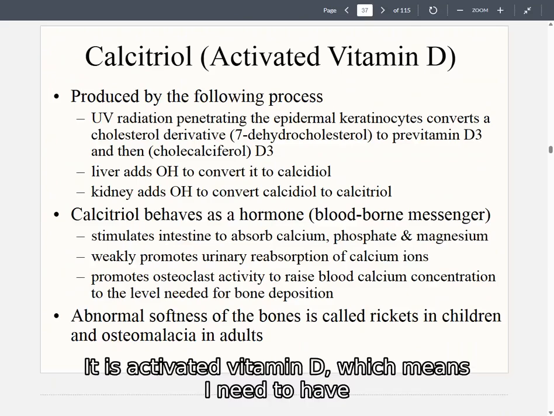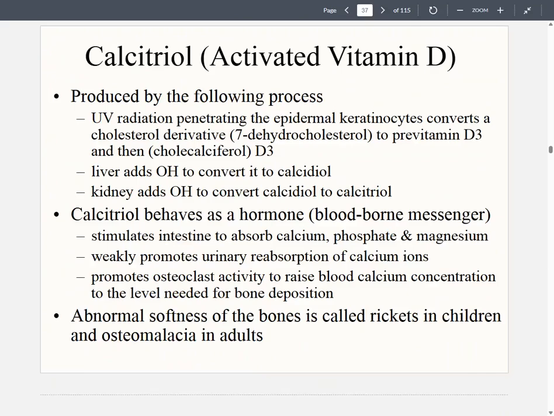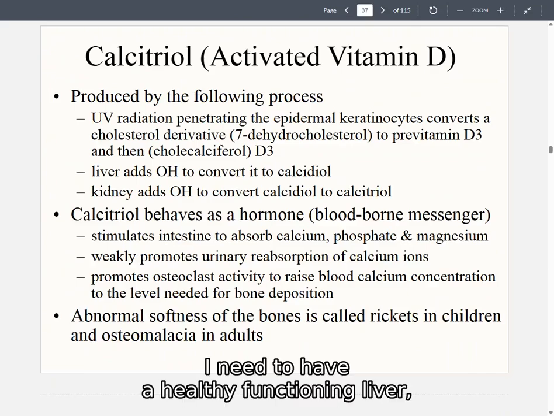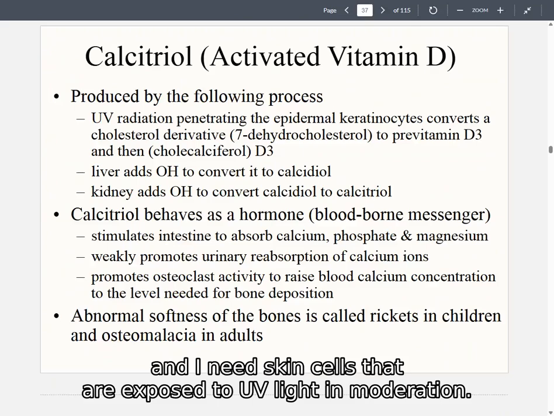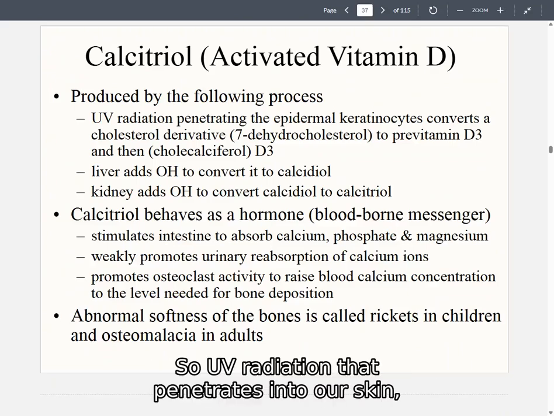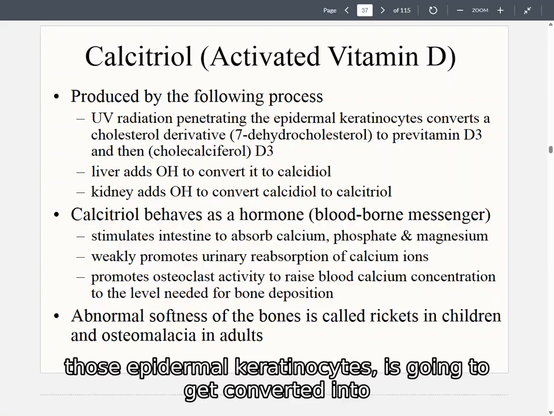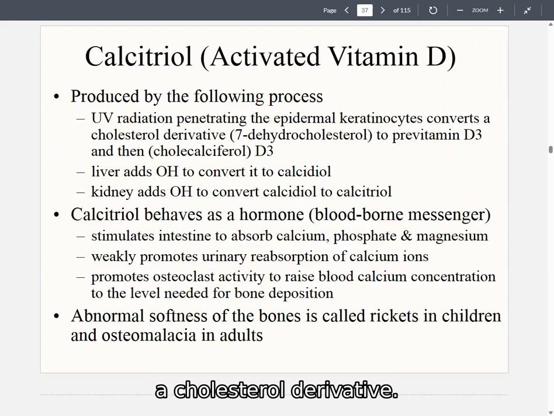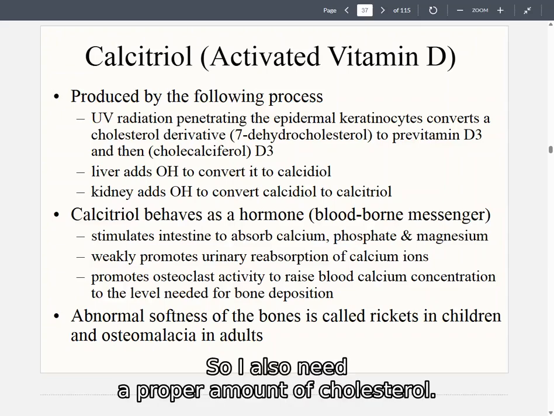It is activated vitamin D, which means I need to have a healthy functioning kidney, I need to have a healthy functioning liver, and I need skin cells that are exposed to UV light in moderation. So UV radiation that penetrates into our skin, those epidermal keratinocytes, is going to get converted into a cholesterol derivative. So I also need a proper amount of cholesterol.